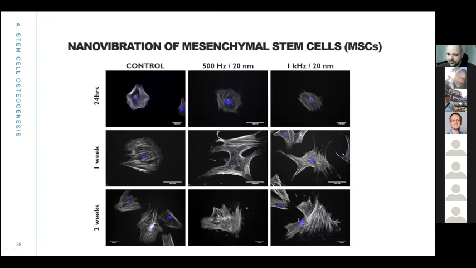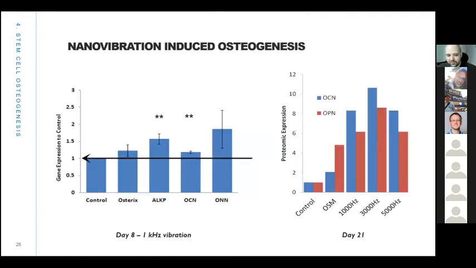And then we followed this up by looking at the gene and protein markers that the cells are expressing. I won't go into too much detail on the specifics of the markers, but here we have different genes related to bone formation, which are increased when we vibrate the cells for 8 days.